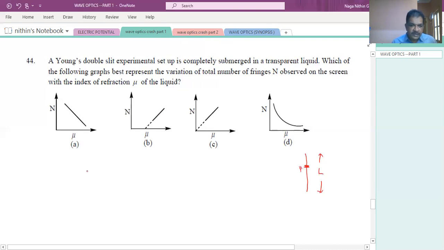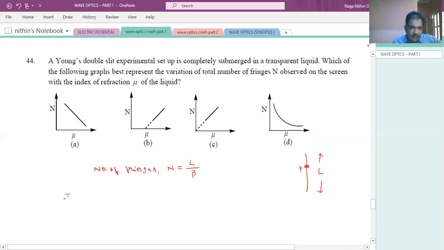How many fringes are appearing? Number of fringes is L by beta.